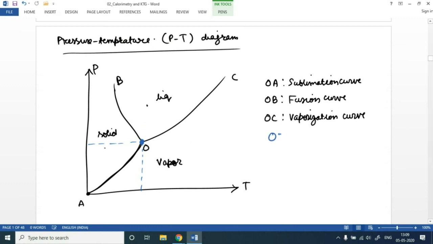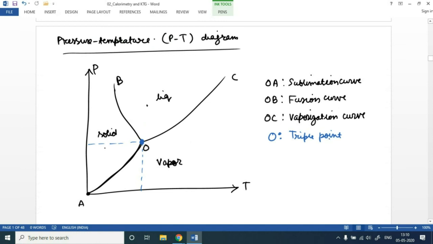So this point O is known as the triple point of that substance. Here this graph is for water I have drawn, so this would be the triple point of water. Again, I am repeating: the triple point is the pressure temperature condition where all the phases of the material will be coexisting together.